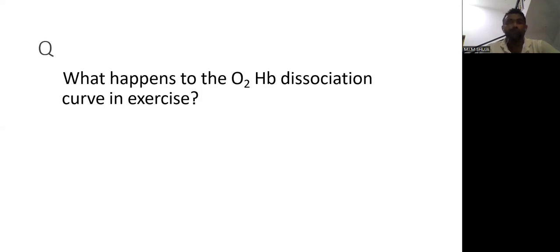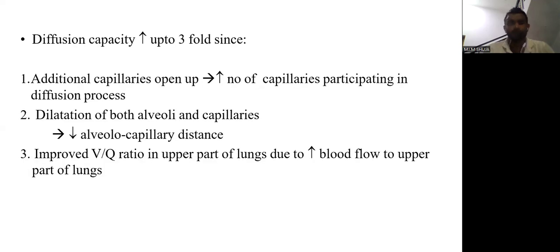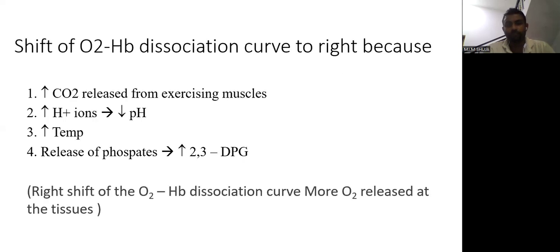What happens to the oxygen hemoglobin dissociation curve in exercise? I have explained to you. You just go through. The diffusion capacity of the oxygen is increased, so more oxygen comes. Additional capillaries are open, improved V/Q ratio.